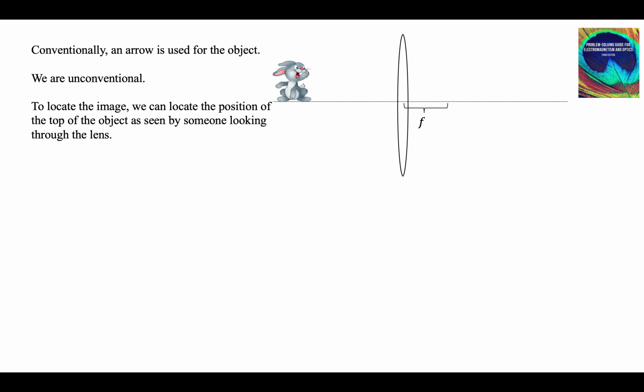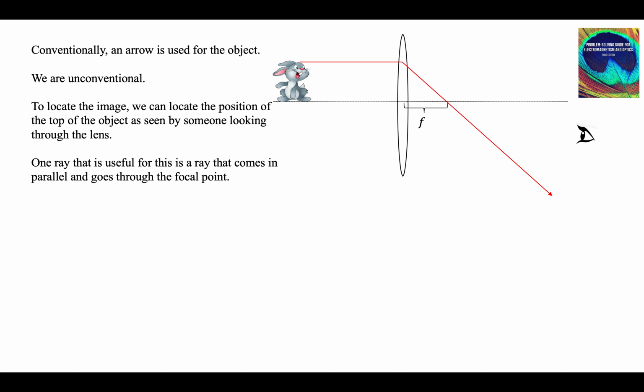To locate the image, we locate the position at the top of the object as seen by someone looking through the lens. There's the person looking through the lens. Light comes from the object through the lens into the person's eye. One ray that's useful, in parallel out to the focal point. There we go. In parallel out to the focal point.